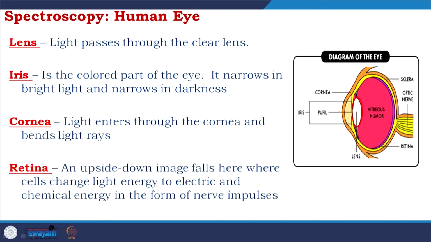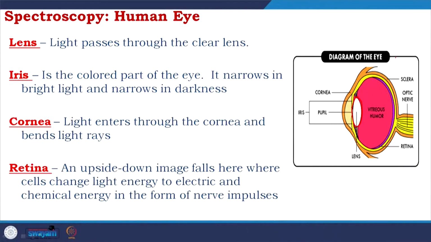Retina: an upside down image falls here, where cells change light energy to electric and chemical energy in the form of nerve impulses. In biology, you see something, but it is not only a technological seeing.